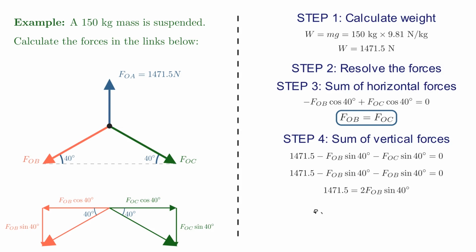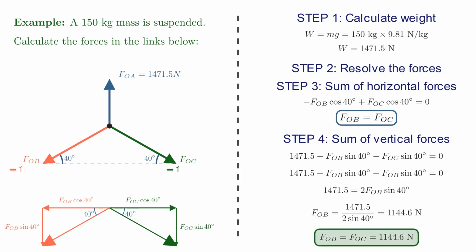To solve for FOB, we're going to divide by the 2 sine 40, and this will give us that FOB is 1144.6 newtons. Since FOB equals FOC, this means that they're both equal to 1144.6 newtons. So we've found all of the forces in the links.